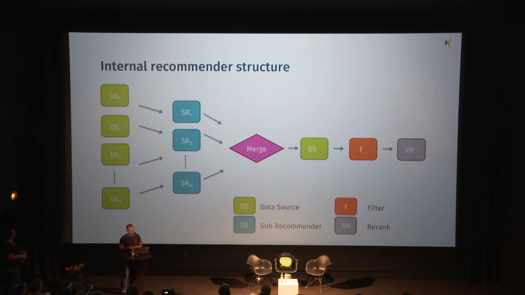There are 5 building blocks, including the merge, but 4 major ones. First, something which we call the data source. This just loads data which is not actually a recommendation, like the features Katja mentioned: the user profile, all the auxiliary data you need to make the Elasticsearch queries or further lookups in some other database.